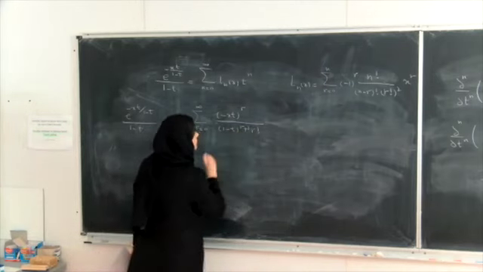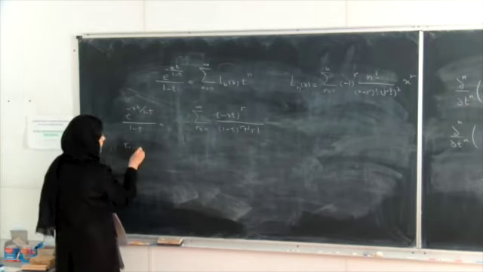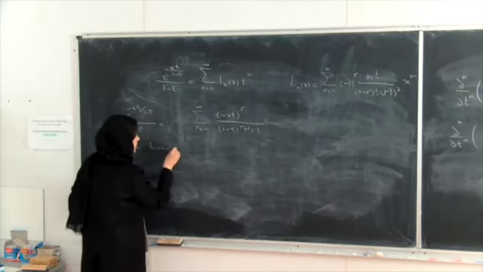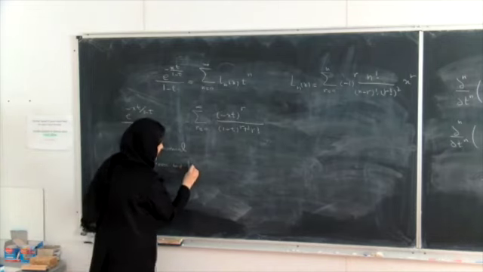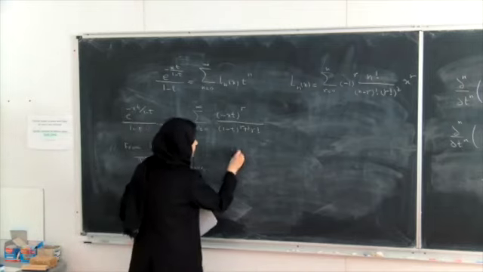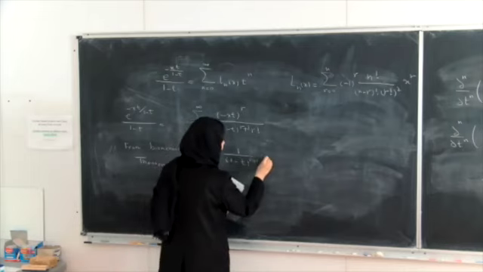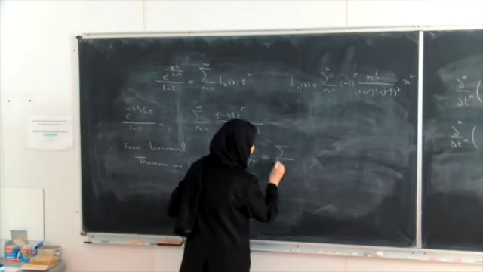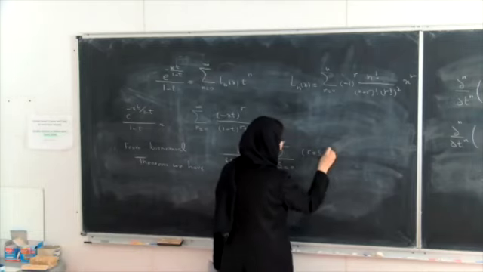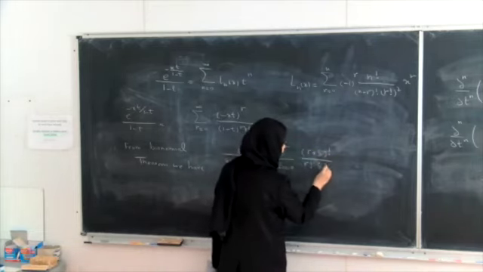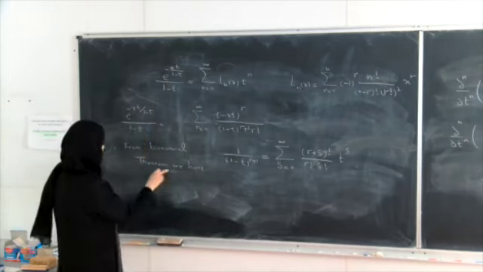We can write it with exponent r plus 1. Also, from the binomial theorem, we have this property: 1 divided by (1-t)^(r+1) equals the series over s from 0 to infinity of (r+s) factorial over r factorial s factorial, times t^s. It's the binomial theorem.